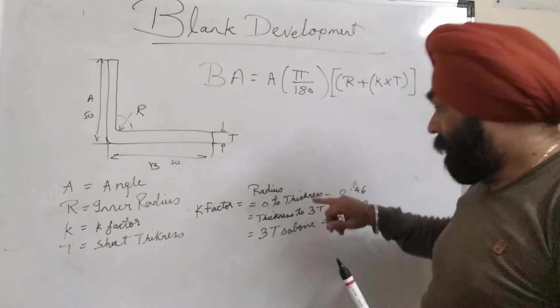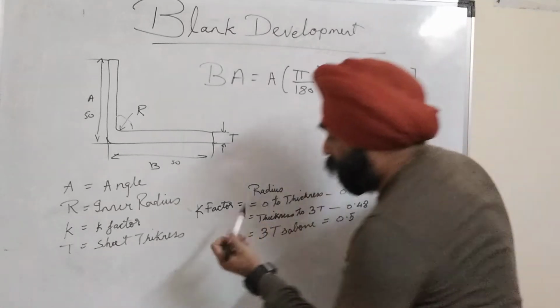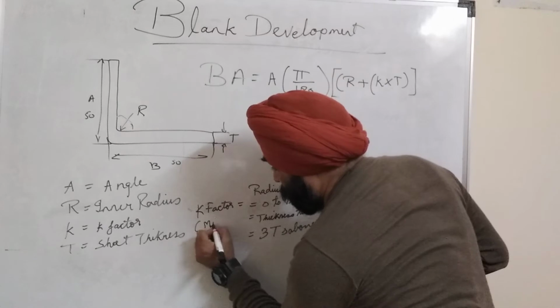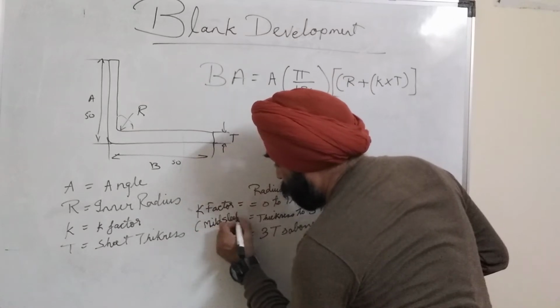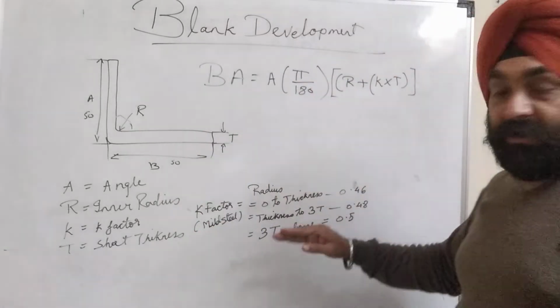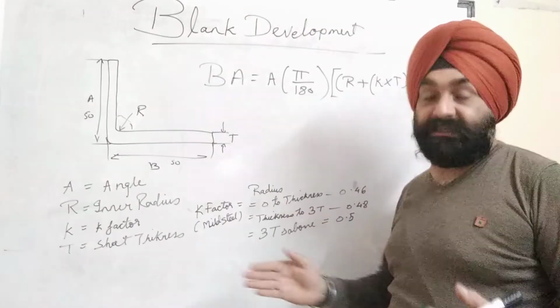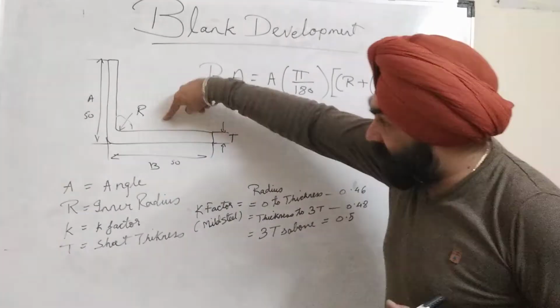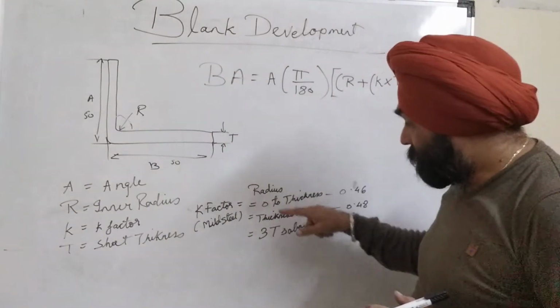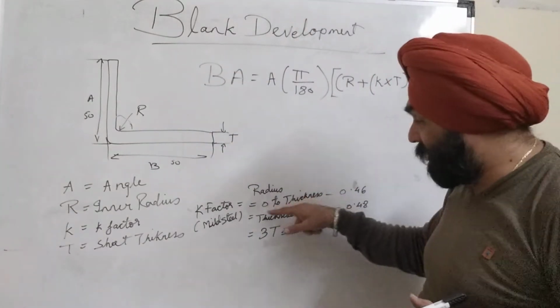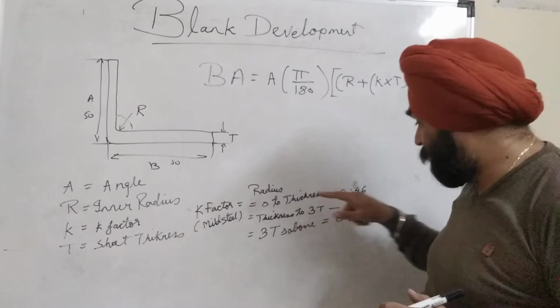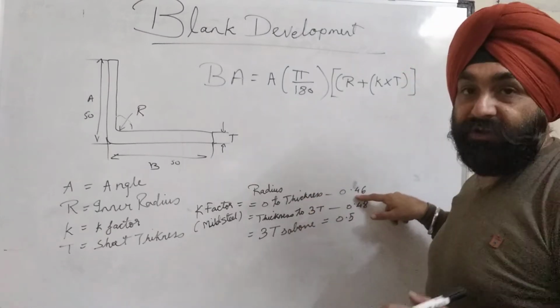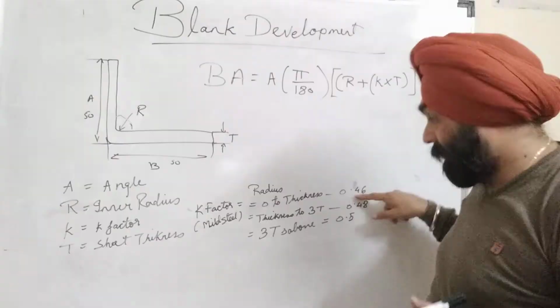But for this, I am telling you, for mild steel, CRCA or HRCA, if the inner radius is equal to 0 to the thickness of the sheet, we will take the K factor as 0.46 mm.